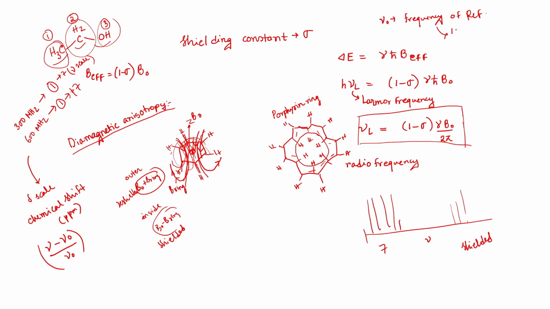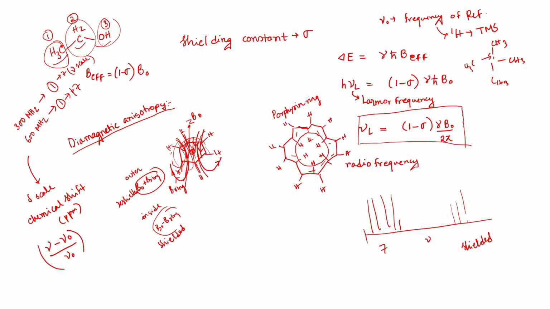Usually for proton NMR, TMS is used, which is tetramethylsilane. It has CH3, CH3, CH3, CH3, so all 12 protons have the same electronic environment.